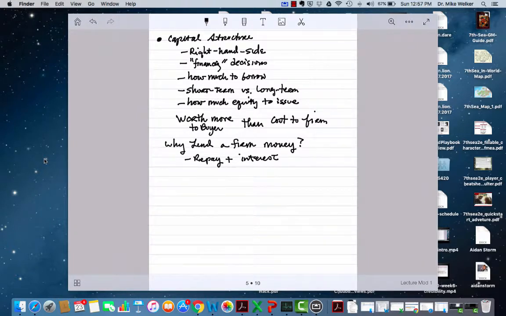Now, why would an investor buy stock in the firm, right? The rational investor expects to realize some kind of return. Maybe they want to resell the stock later, or maybe they're going to get future dividends.